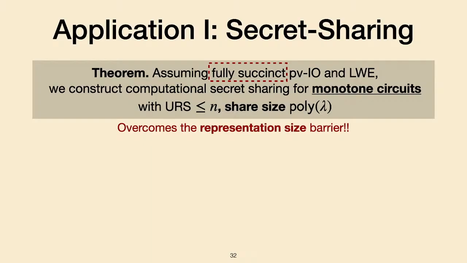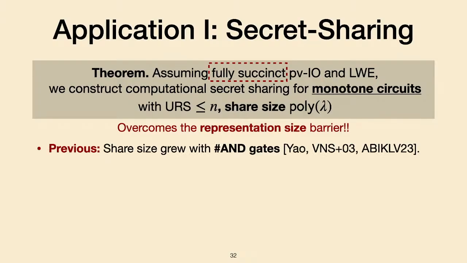And this fully succinct notion that we abstracted out here is exactly the thing we needed to get around the so-called representation size barrier in computational secret sharing, where every construction for some reason had dependence on the size of the publicly known access structure. But here, because we can treat it as public in this fully succinct PVIO, we can immediately get around this issue and we overcome the representation size barrier.